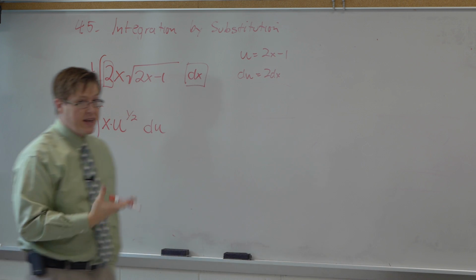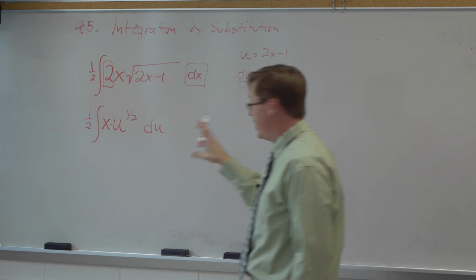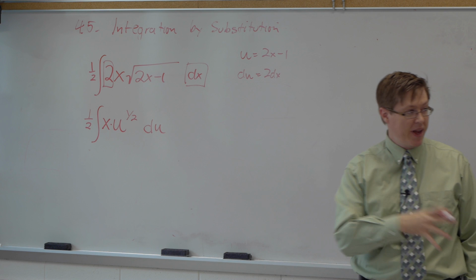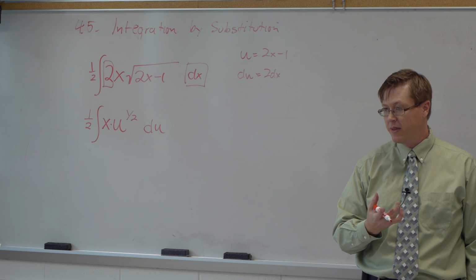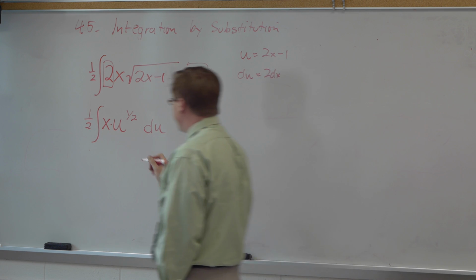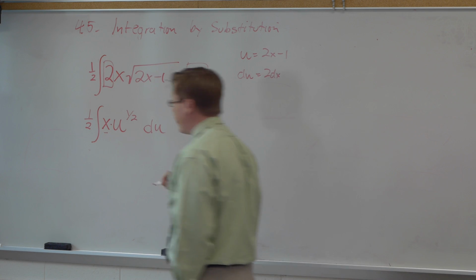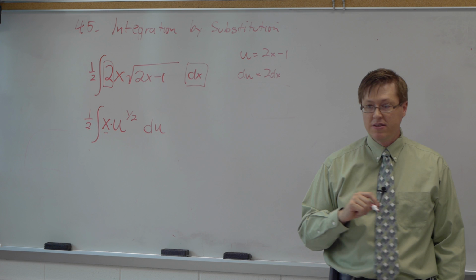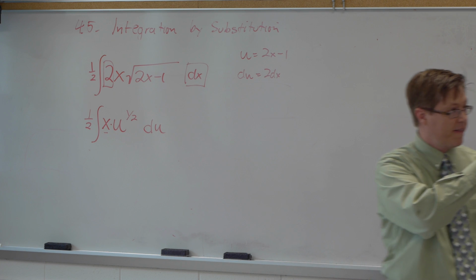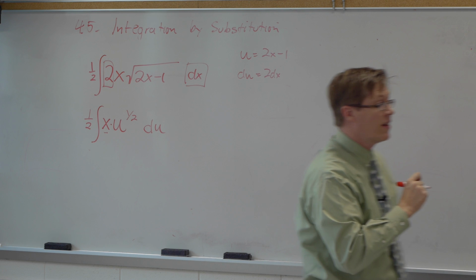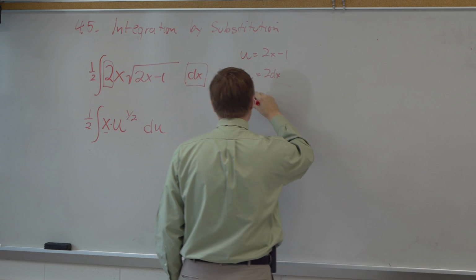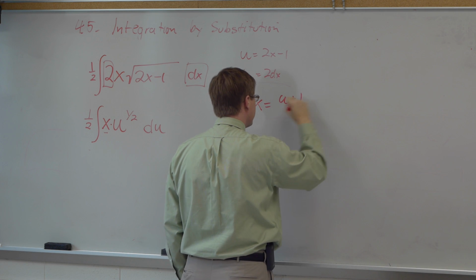Now, just by looking at that, this is not a problem that you can integrate right now because it's got 2 variables and you can't have x's and u's. It has to be all of one or the other. So the question is, can I somehow get rid of that x? And yes, I can. Oh, u plus 1 over 2 for x.